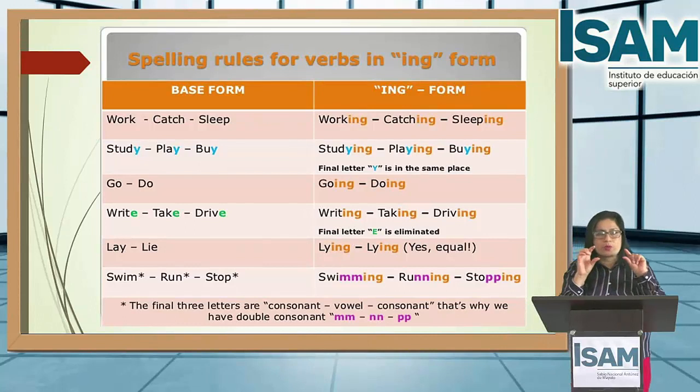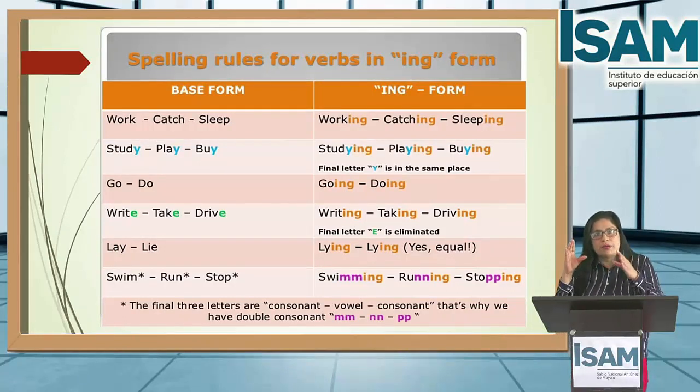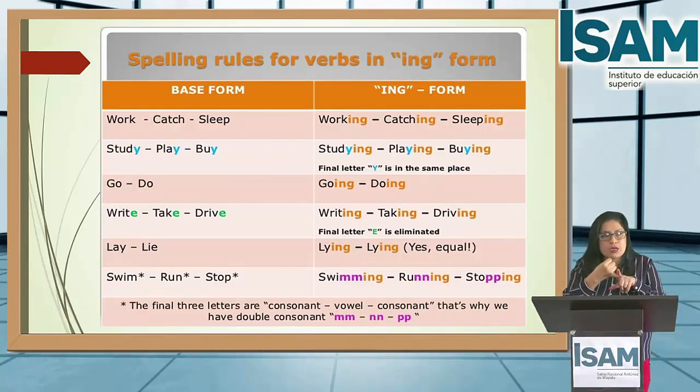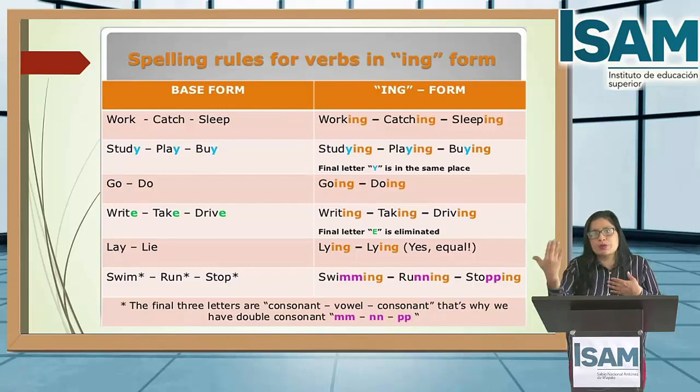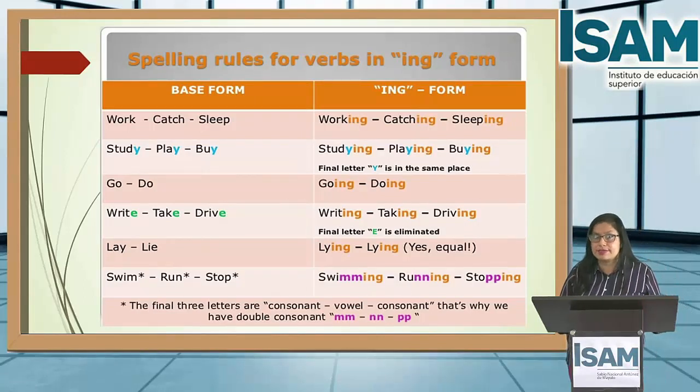Cuando tienen esos verbos y al final observan consonante, vocal, consonante, ¿qué va a pasar? Voy a duplicar la consonante. En este caso, swim, swimming, run, running, stop, stopping. ¿Ok? It's necessary, yes?